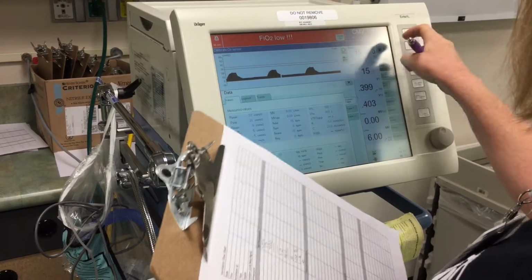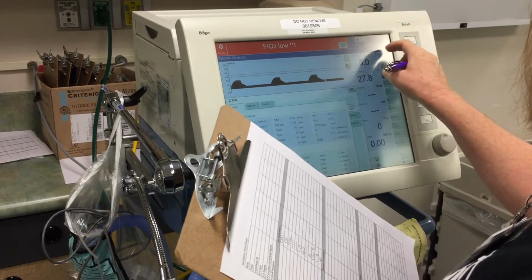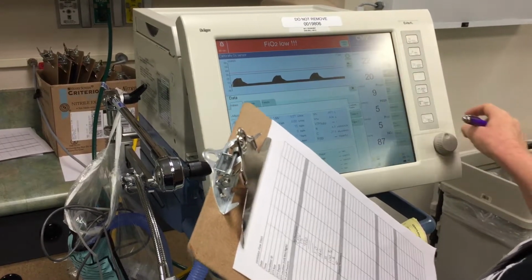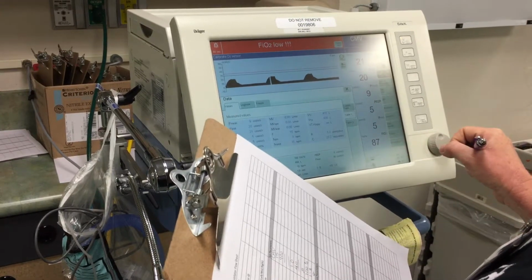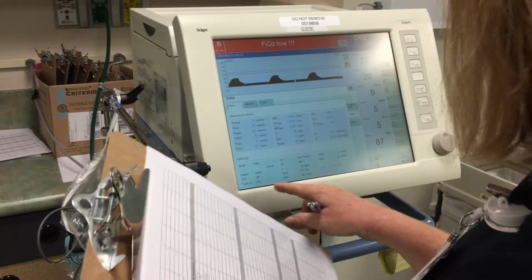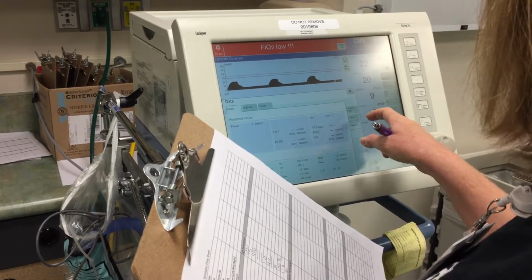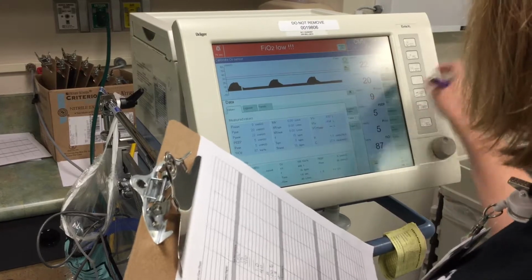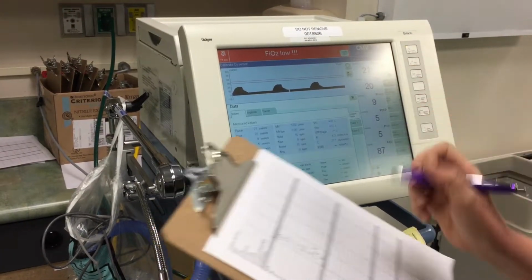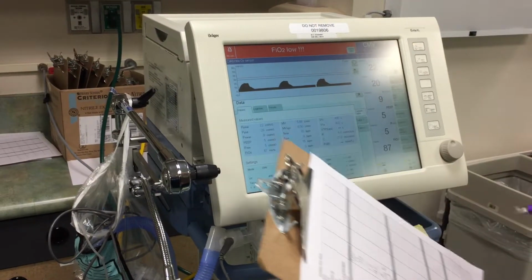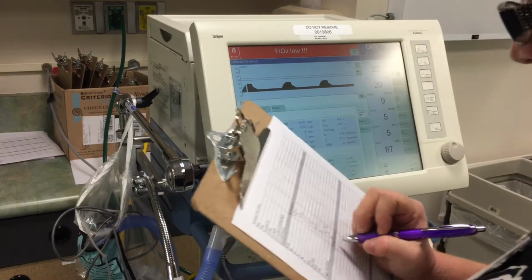We go into another screen. Okay, let me go to table. Okay, so then my patient parameters, peak inspiratory pressure is going to be 22.